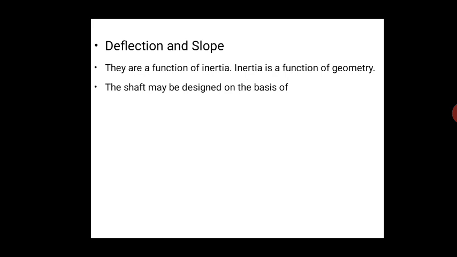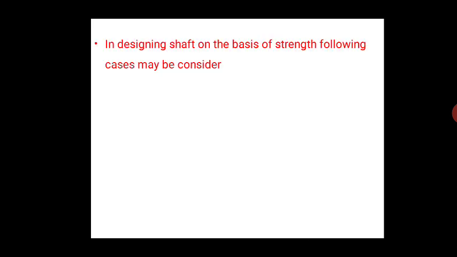The shaft may be designed on the basis of strength or on the basis of rigidity and stiffness. So to design any shaft, these three parameters are most important: strength, rigidity, and stiffness.